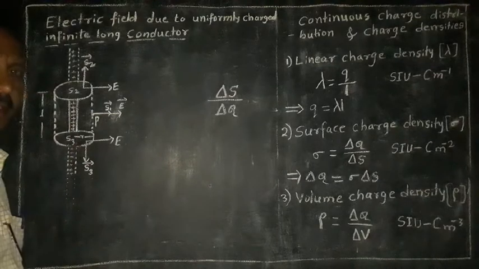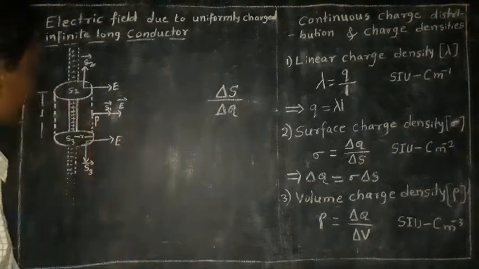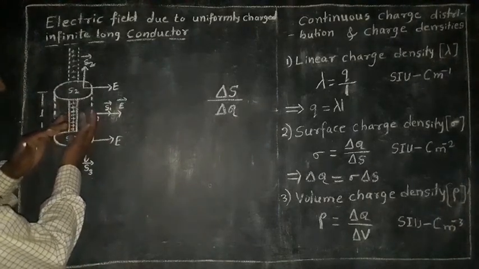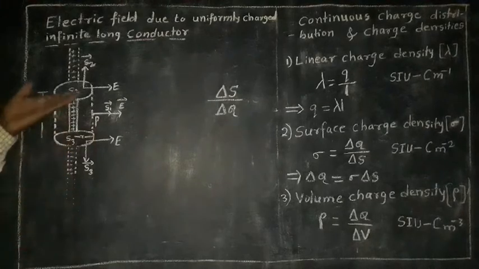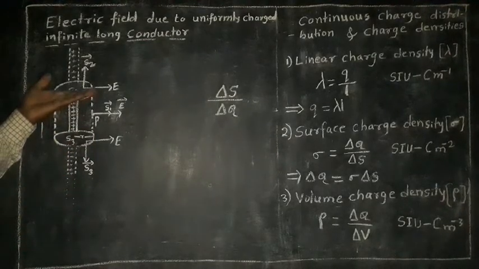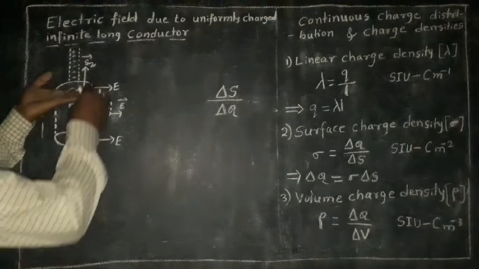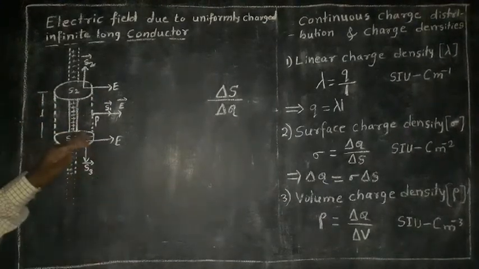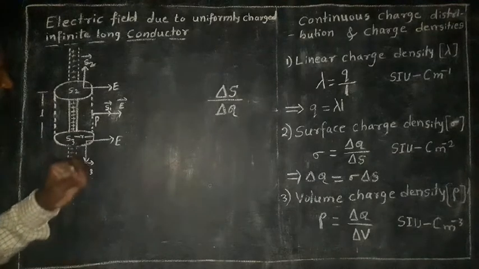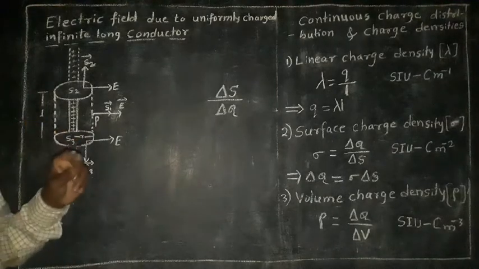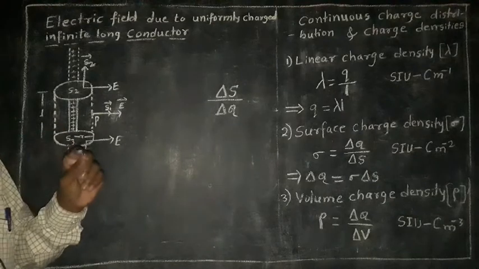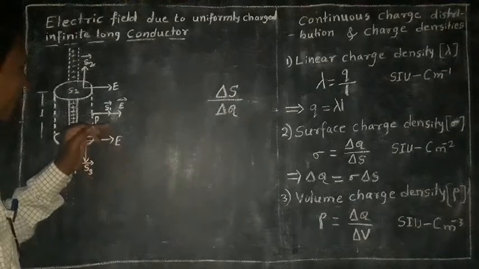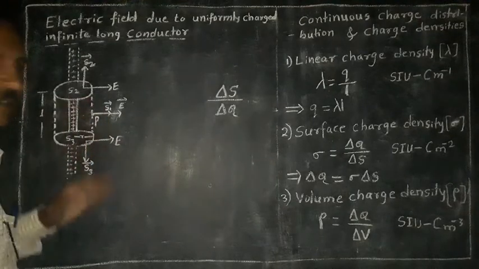And a cylinder has three surfaces. They are the curved surface, whose surface area is S1, the upper plane surface of area S2, and the bottom plane surface, S3. Let phi 1, phi 2, phi 3 be the electric flux through S1, S2 and S3.